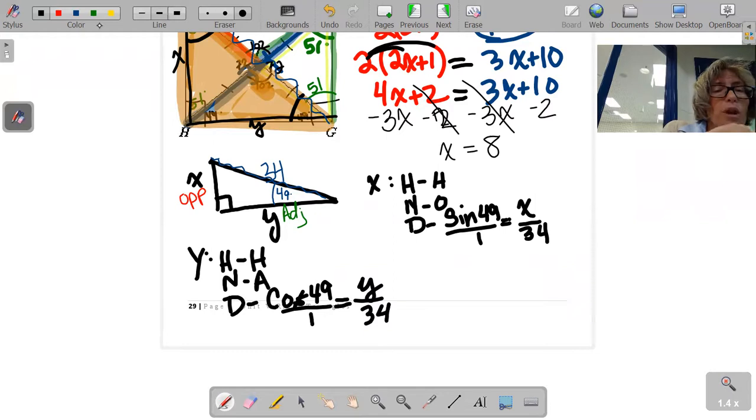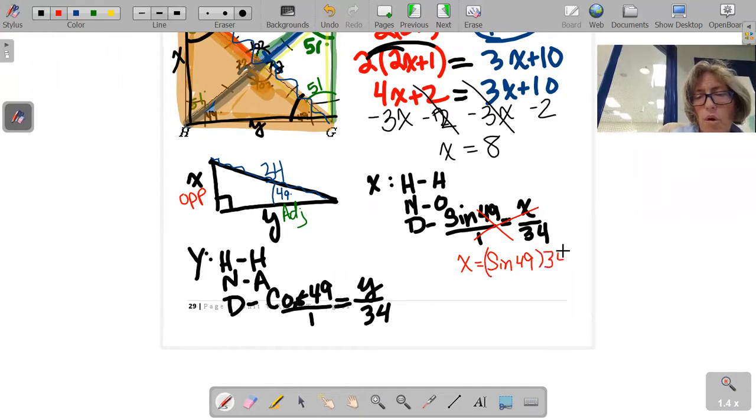We cross multiply for both. So X is going to be sine 49 times 34. And Y is going to be cosine 49 times 34.